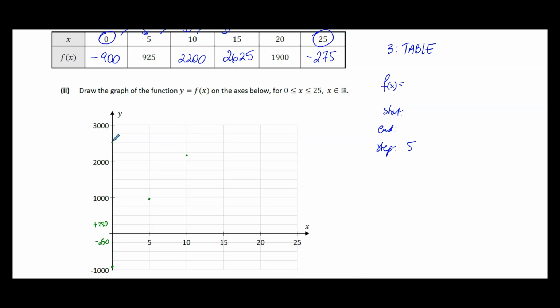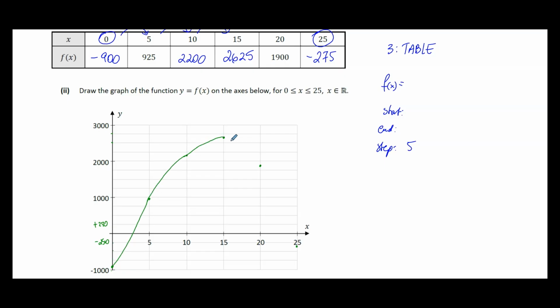So that is 2,500 and 2,750, so 2,600 will be somewhere here. 20, 1,900. So that is below my 2,000. That's the 2,000 line. And then the last one, 25, minus 275. So that's where that's going to be. And the last thing, don't forget, join the dots.